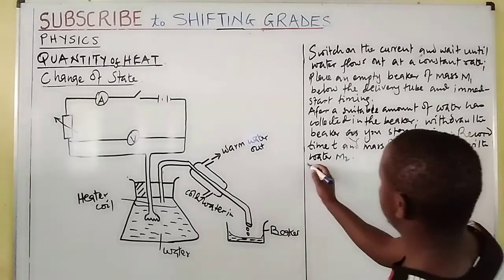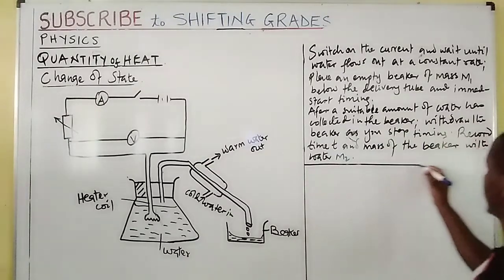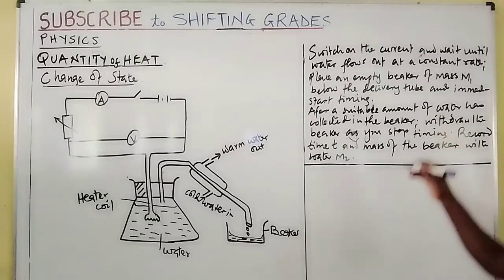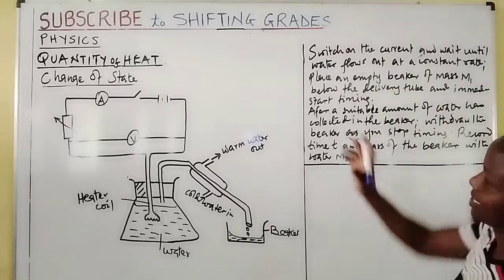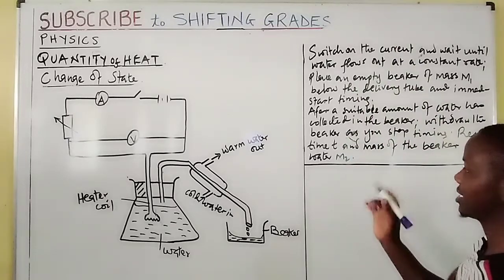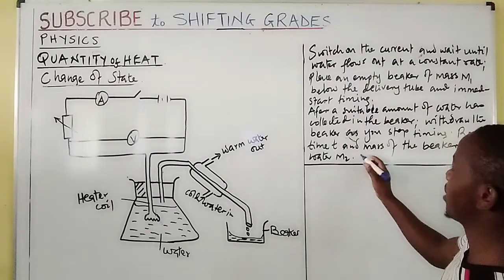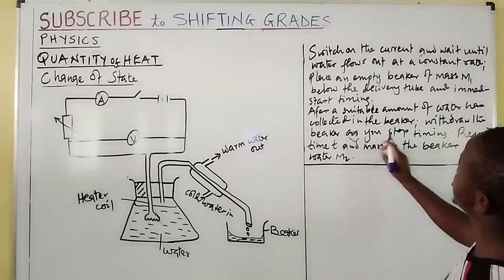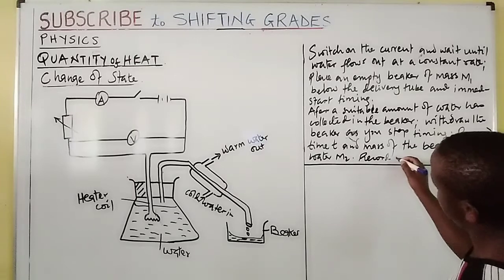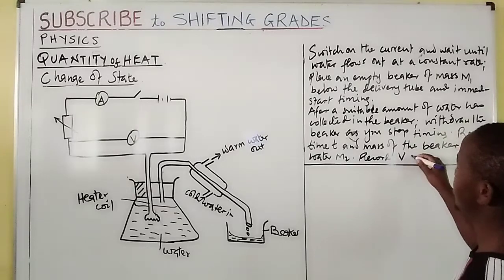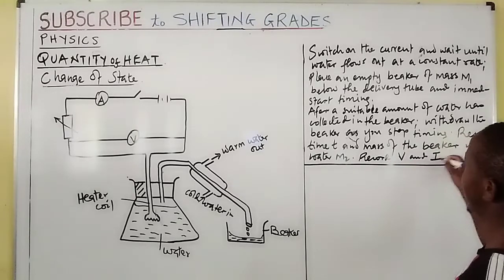Remember, we are using a rheostat to adjust the current so that you may ensure it is constant. Therefore, before stopping, you should have recorded the voltage reading and the current reading.